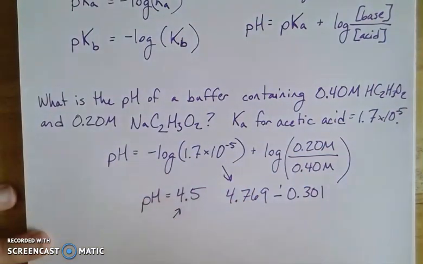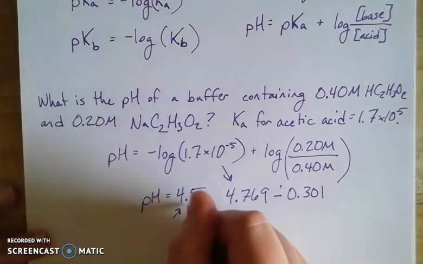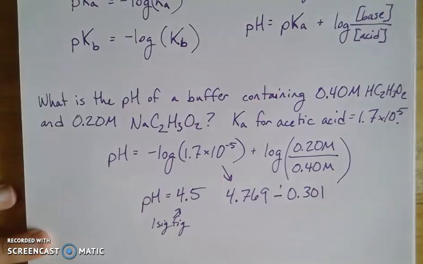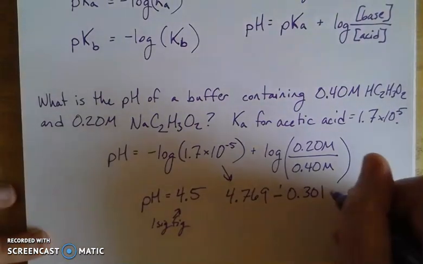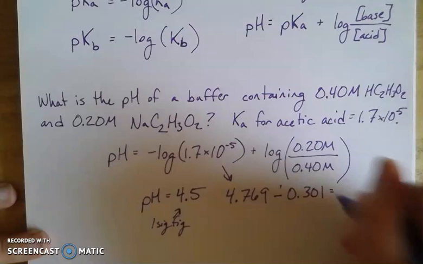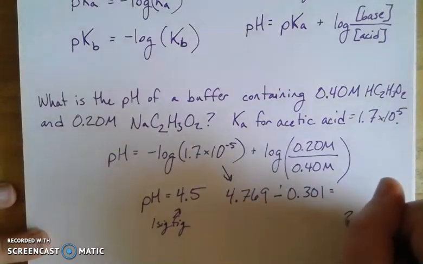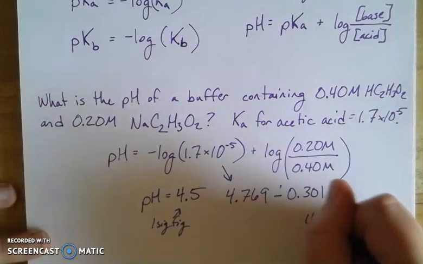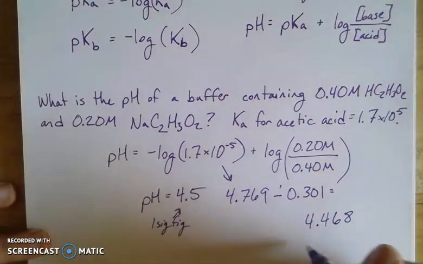The reason I'm doing this is I don't like this one because it doesn't have enough sig figs. This only has one sig fig. And this is what happens when you trust your calculator, right? We don't test our calculators here. So if we subtract this, we end up with 4.468.